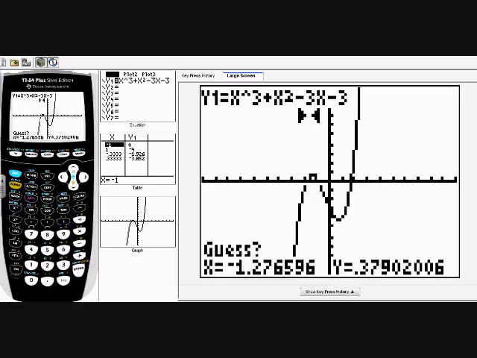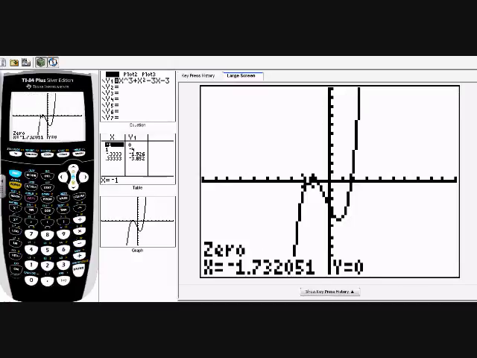Hit enter, guess, just hit enter. It gave me a 0 at -1.732. That doesn't seem like it's going to work.